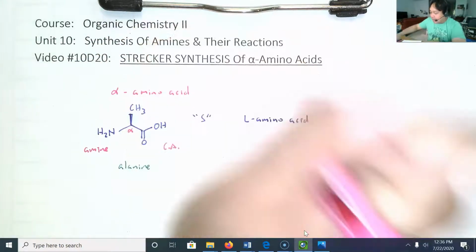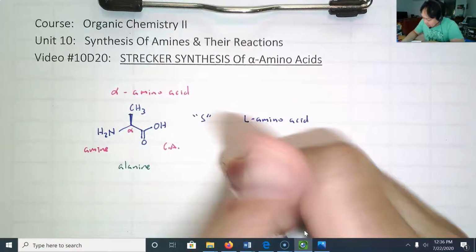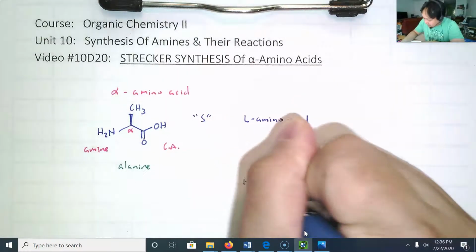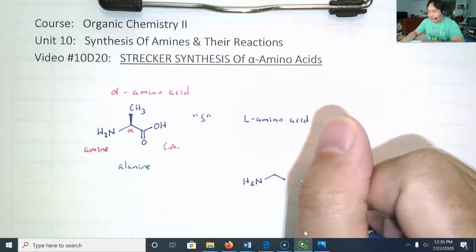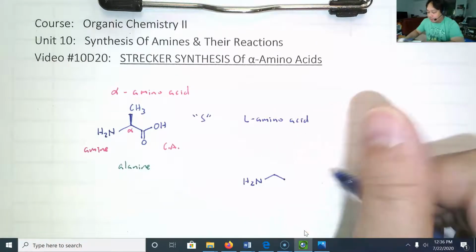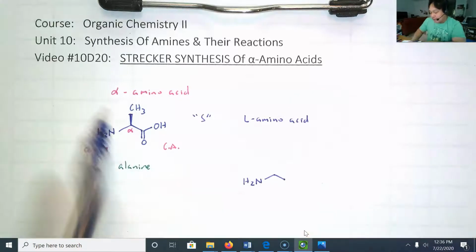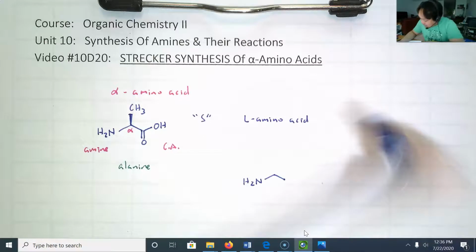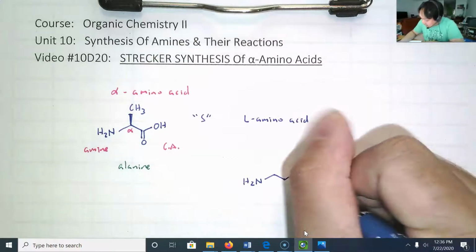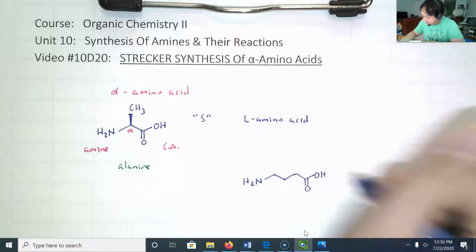Do you know what a beta amino acid would look like? A beta amino acid would look like this, where the amino group is 2 carbons away. So that alpha is telling you where the amine group is. It's on the alpha carbon. So here, let's see what this would give us.